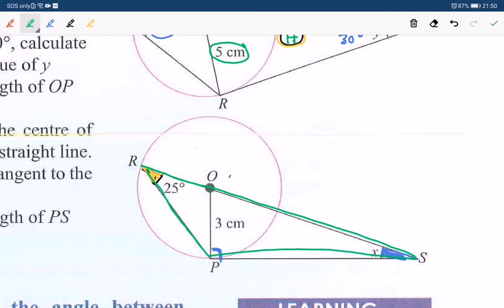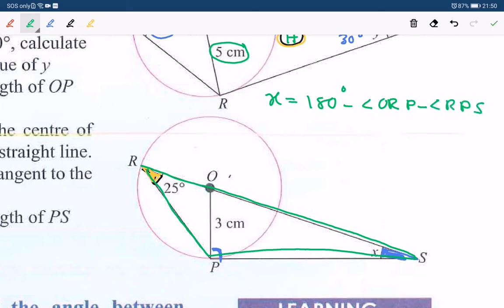To find x, we need to take 180, because in one triangle the angles add up to 180, minus the angle of ORP minus the angle of RPS.